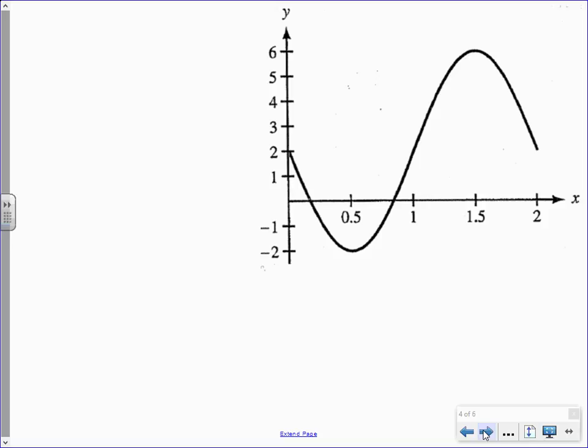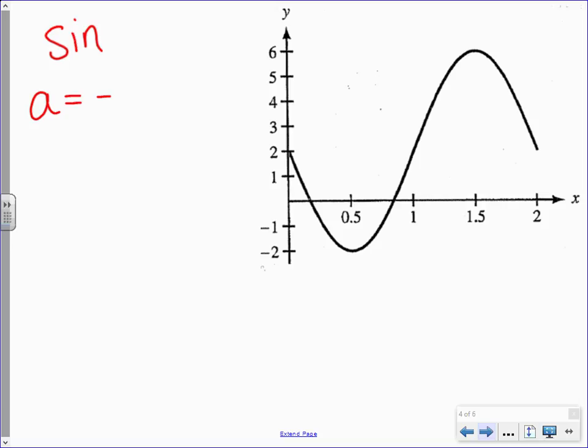Jen, sine or cosine? Sine. Is this sine reflected or not? It is reflected, so I'm just going to go ahead and write that our A needs to be negative because we have a reflected sine graph.